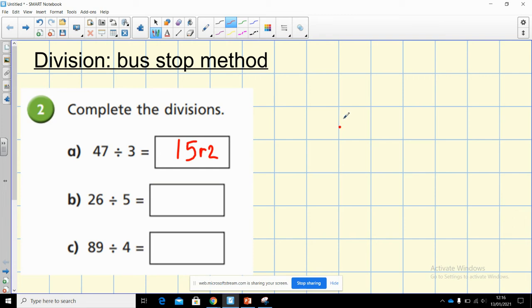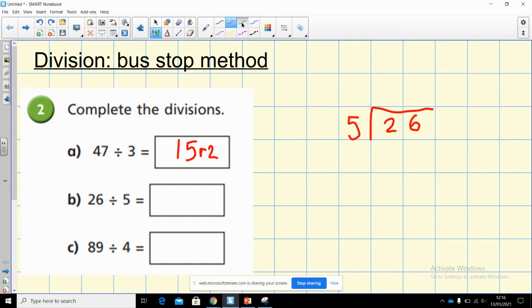So we've got 26 divided by 5. So 5 goes on the outside, let's start that again. 5. And on the inside of my bus stop, yours will be a ruler, it'll be a lot neater than mine, 26.